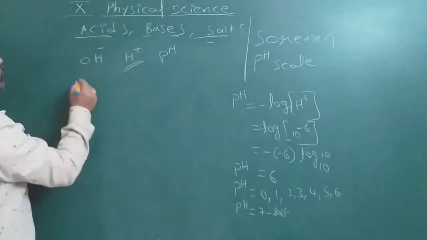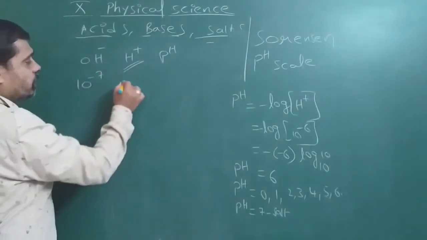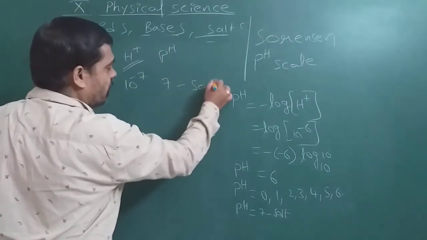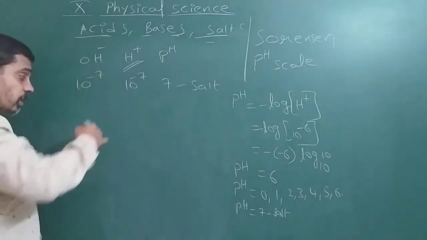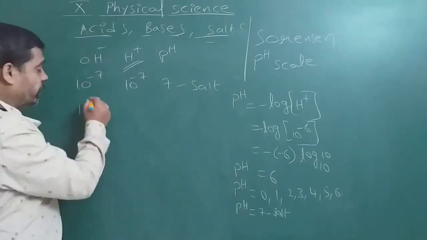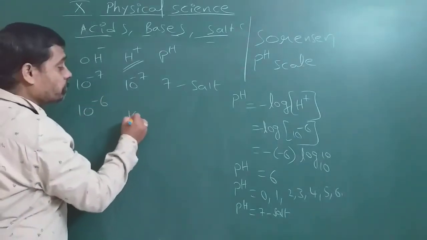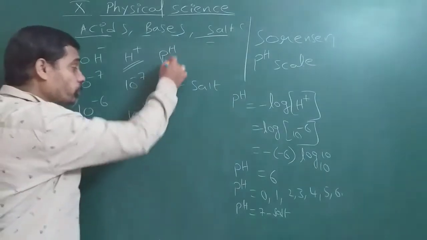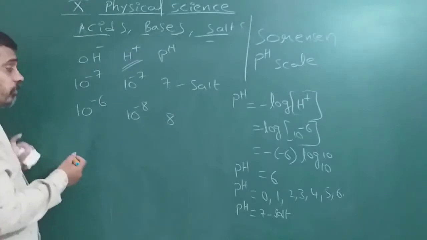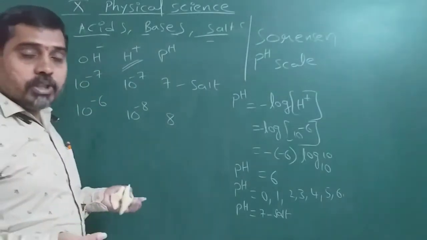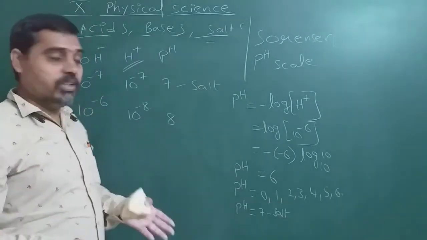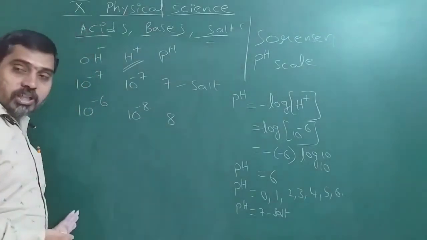We know that if it is 10 power minus 7, it is 7, and we call it a salt. But if the OH minus ion concentration is greater than 10 power minus 7, meaning 10 power minus 6, then the H plus ion will become 10 power minus 8. Now the pH will become 8. We should not consider OH minus ion for pH, but I am taking OH minus ion because if the OH minus ion increases, then we call it a base.